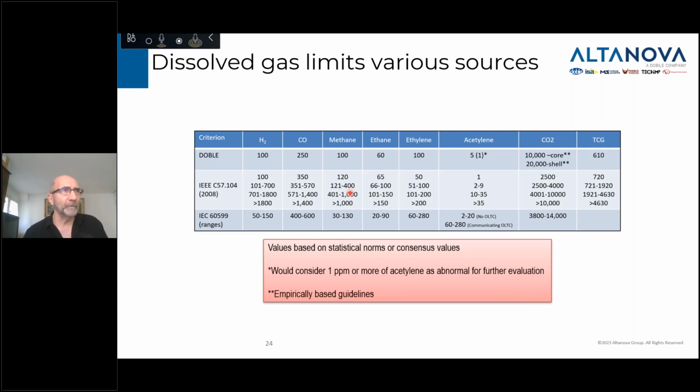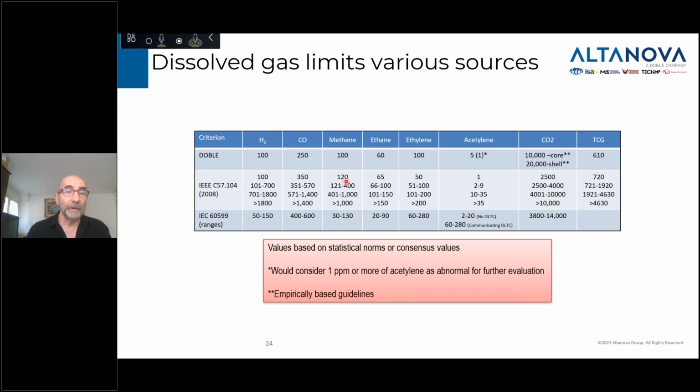There are a couple of reasons. One is that people often use the first level to set up the alarm limit on their online monitors. So when you have an online multigas monitor and you're trying to set up the warning alarm, people often use the IEEE numbers at what we call the first level.